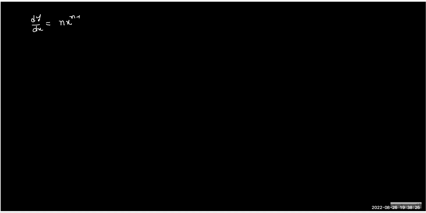And it's so easy to remember: the power becomes the base to the power minus 1. You reduce the power, and what you reduce, you multiply. That's the formula. This is called the power rule. For any variable to the power constant, this is applicable.